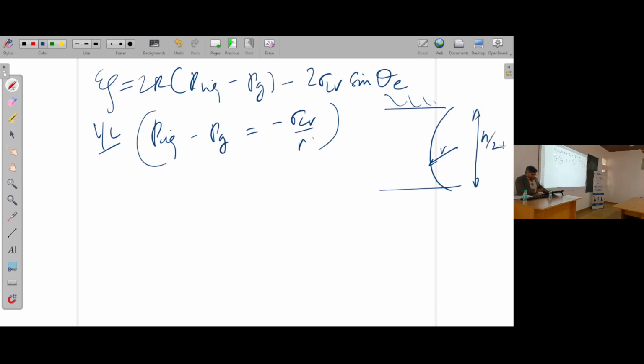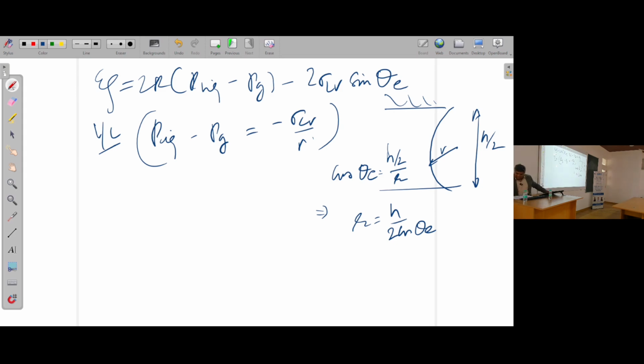So if you just use simple trigonometry, what you will find is that cos theta E is equal to h by 2 divided by R. Okay, h by 2 divided by R. So from here, I can get R is equal to h by 2 cos theta E.